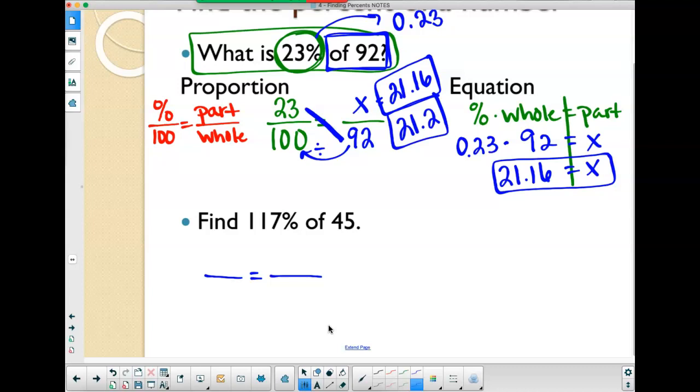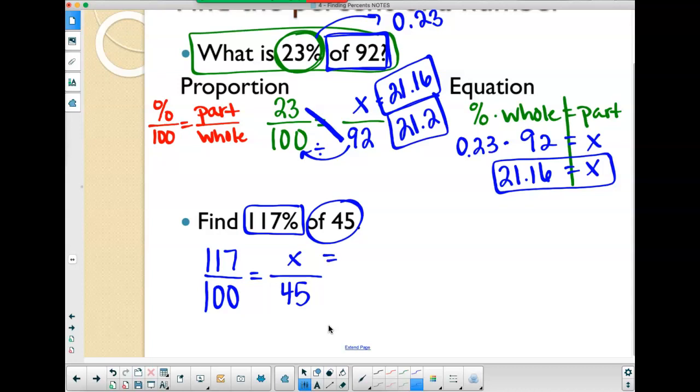52.7. Do you agree with her? I agree with her. Okay, because we would put 117 over 100, because that's our percent of 45. The 45 goes on the bottom. Okay, we solve it. 117 times 45 divided by 100.